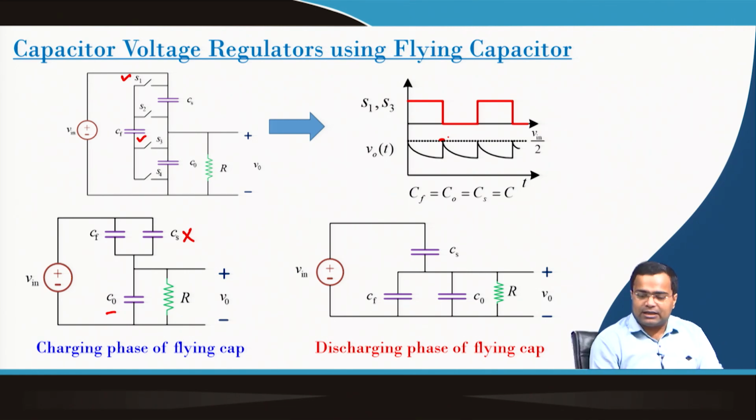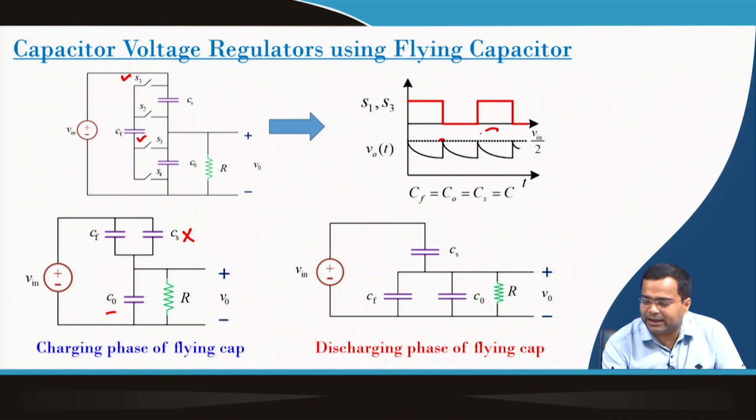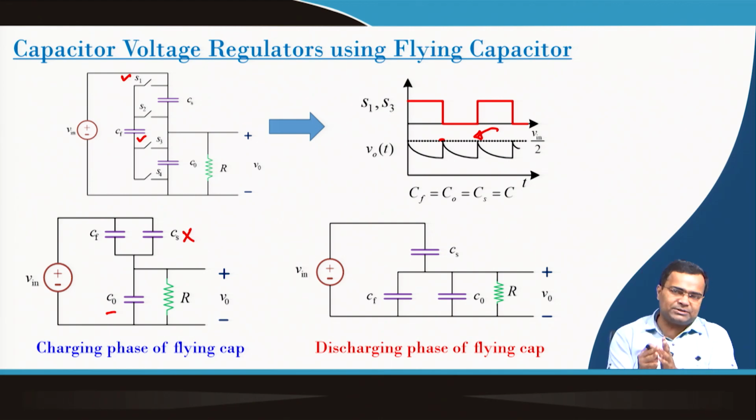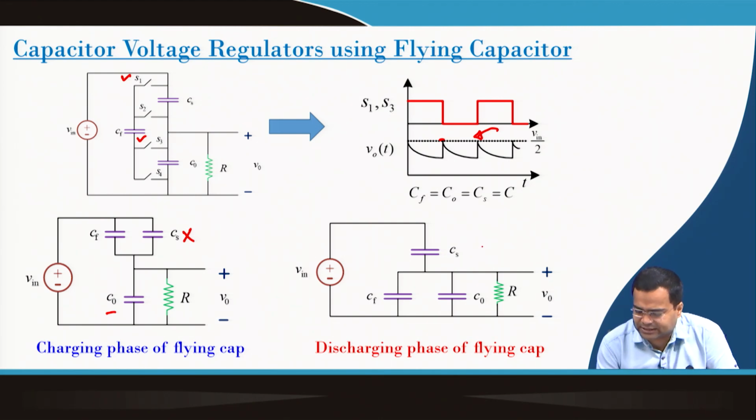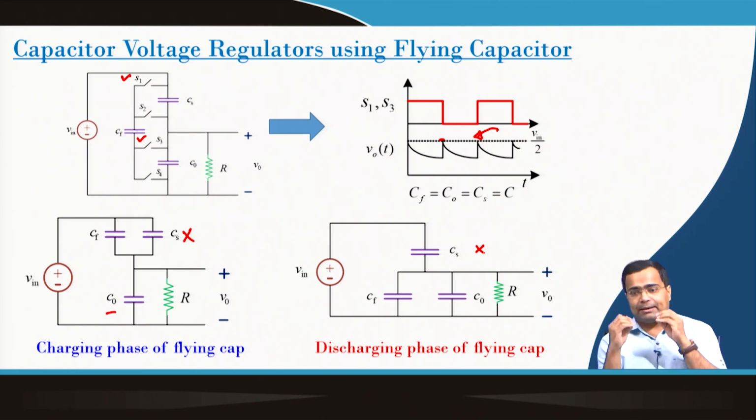Again, when we connect it, it will reach Vin/2, and now the flying capacitor and the output capacitor are both connected to the load. If the input supply is disconnected and the two capacitors are supplying the load, naturally they will get discharged. So, you cannot keep this configuration for a long time.